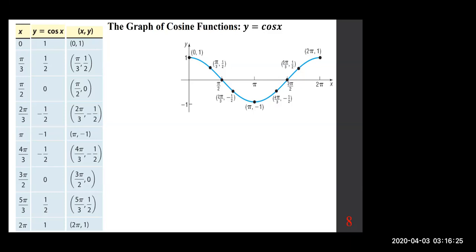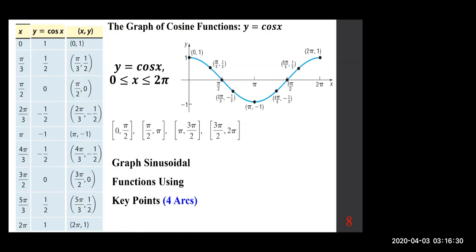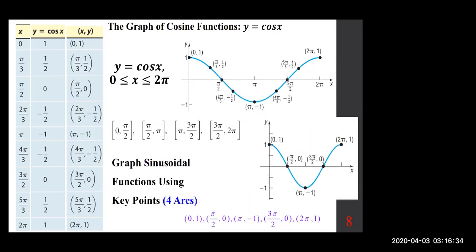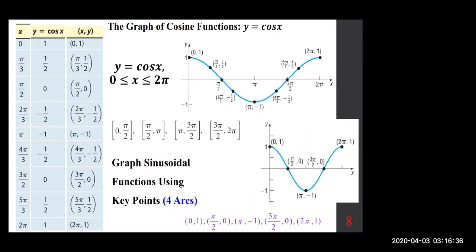Now, we're going to cut this in 4 pieces, and we make up 4 arcs. So take a look at these 4 arcs, class. And take a look at important key points: 0, 1, the y-intercept; pi over 2, 0, and 3 pi over 2, 0, those are x-intercepts.